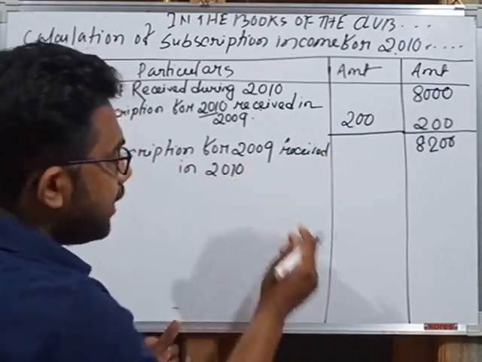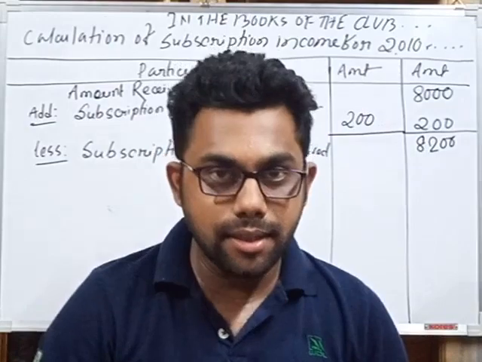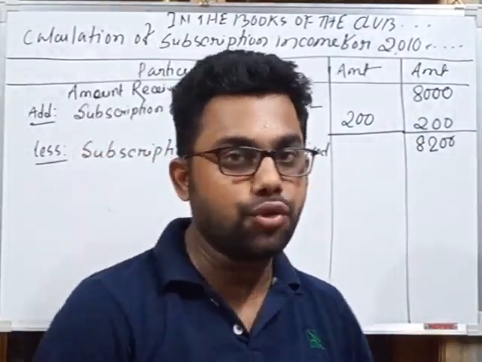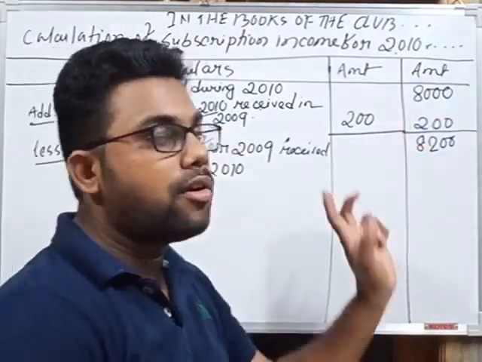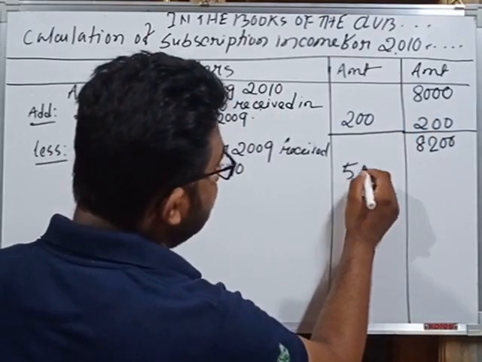Though we have received that amount in the current accounting year, we cannot say that it is the income for the current year, because it is the income for 2009. So we have to less that item from the total amount of subscription received during the year, and the amount is rupees 500.